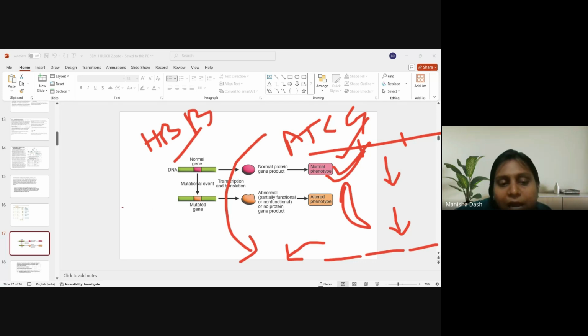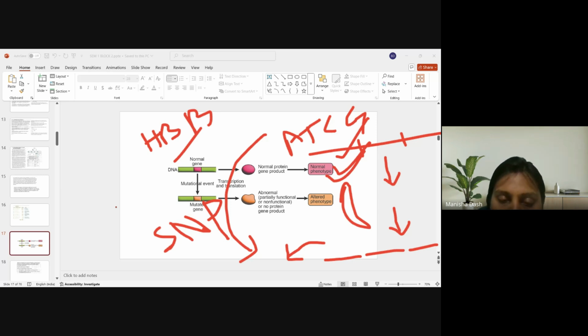Now, one thing I would like to point out here, frequently you will come across a term called SNP, single nucleotide polymorphism. Here also you can observe that the DNA sequence of two individuals will be different, but that is not mutation.